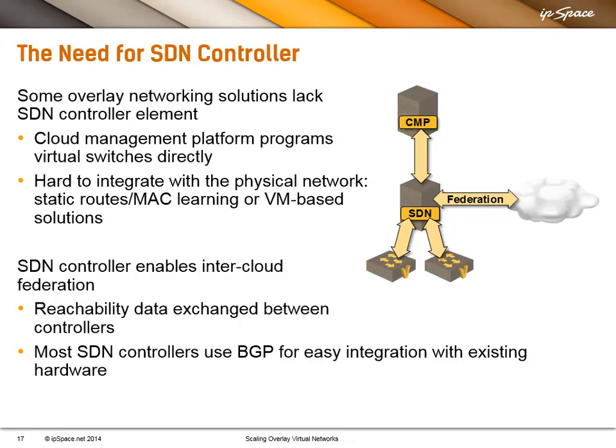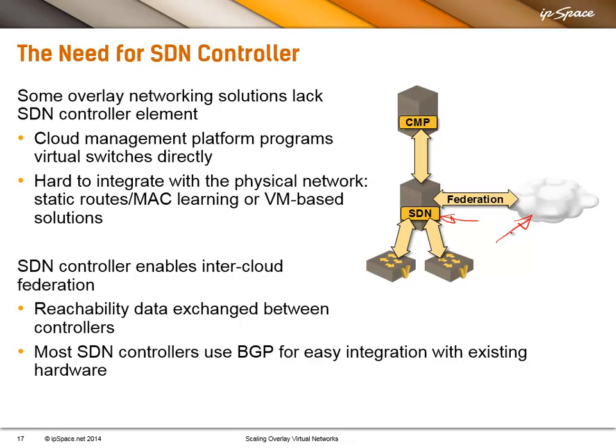After all, it knows where the VMs are, what IP and MAC addresses they use, but it doesn't know about the external world. And this is where we need this link between an SDN controller, whether it's integrated with the cloud management platform or not is a different story, and the external world. And over this control plane connection, the SDN controller exchanges reachability information with the outside world.